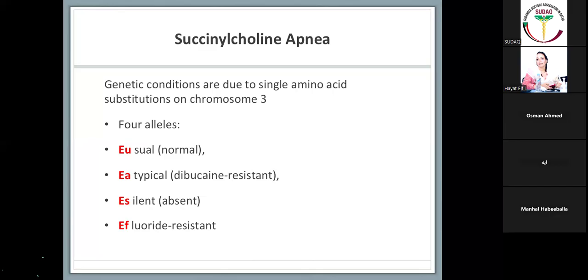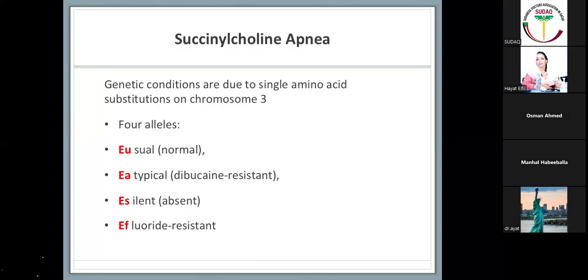It might go up to 10 minutes above the normal metabolic time, while a very small fraction of this 4% will have a genotype that confers a block for a few hours, and this is usually the atypical gene.